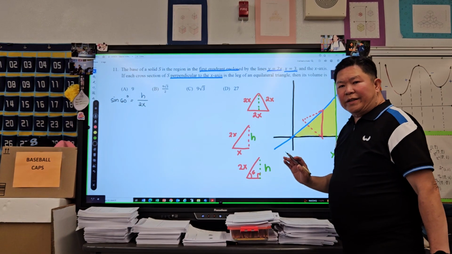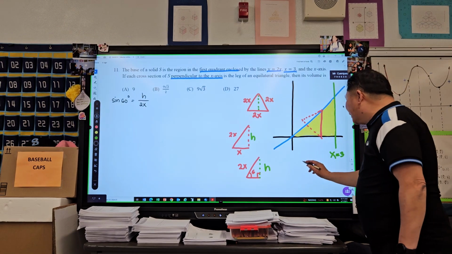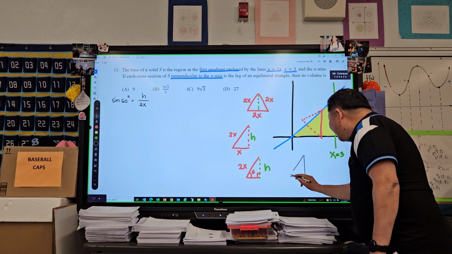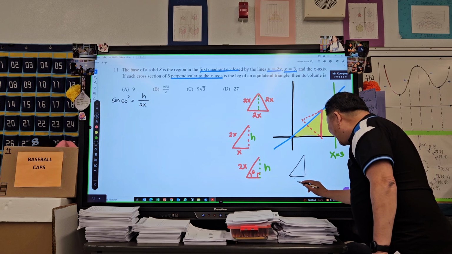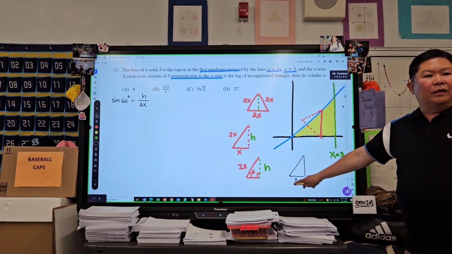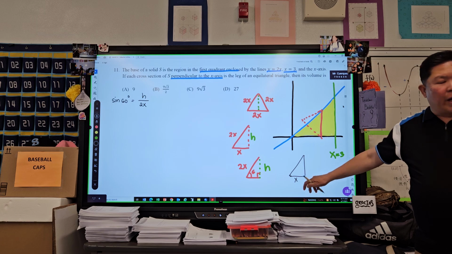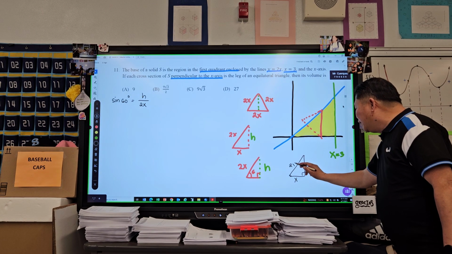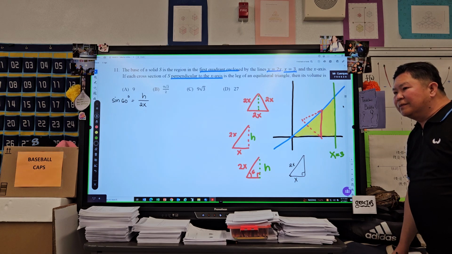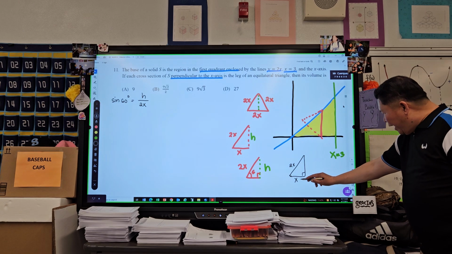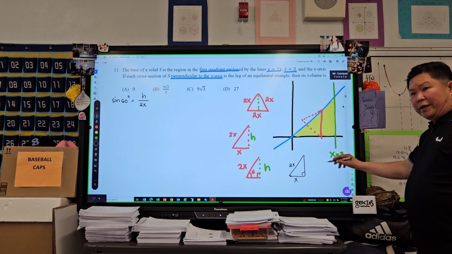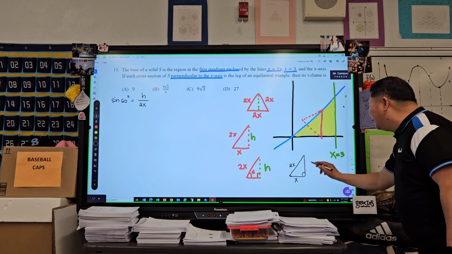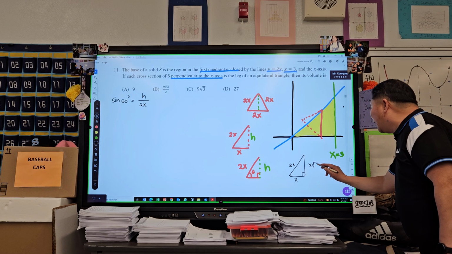Back to this one, guys. Can you still recall in your geometry, since x is the shorter leg of a right triangle and the hypotenuse is 2x, X is present in all sides of the triangle, and using the Pythagorean theorem, this is x radical 3.